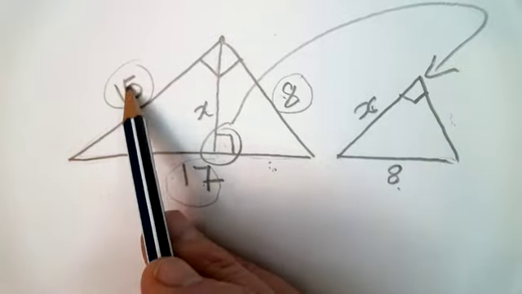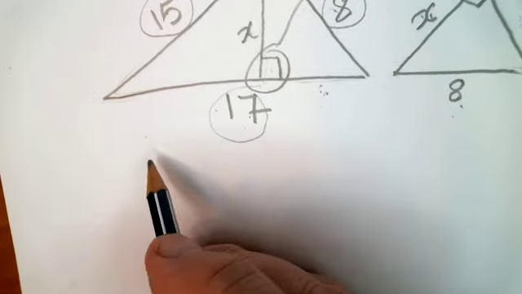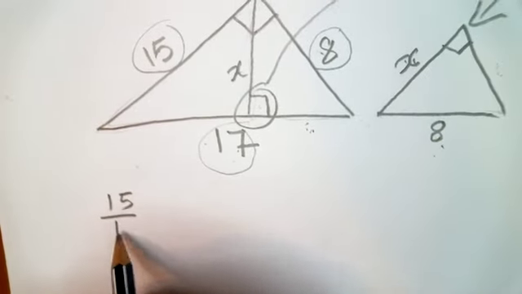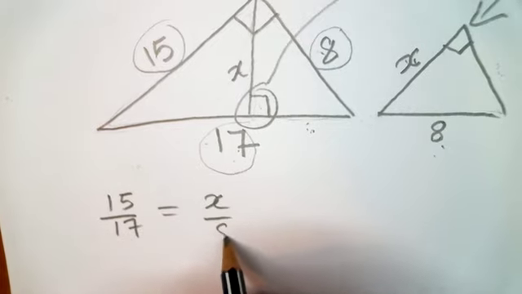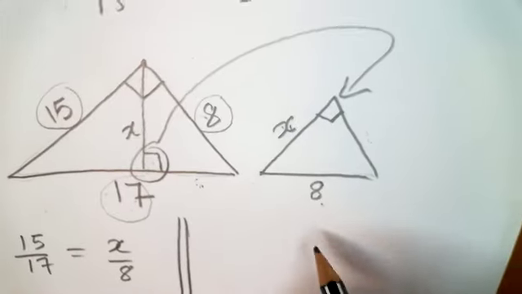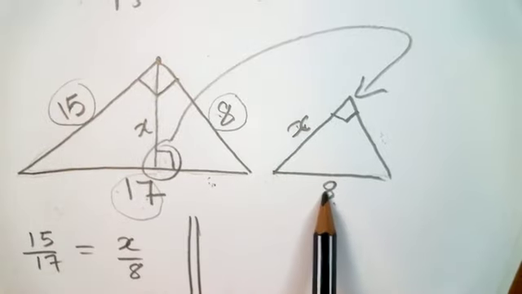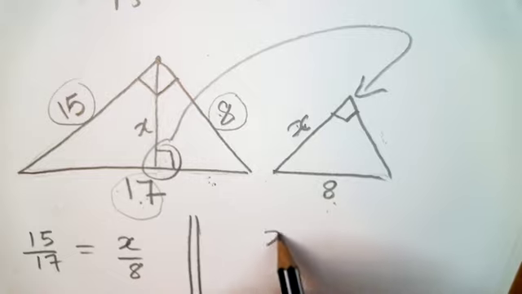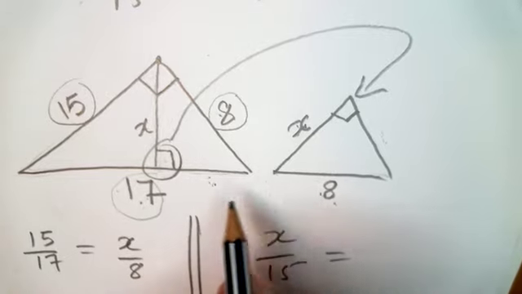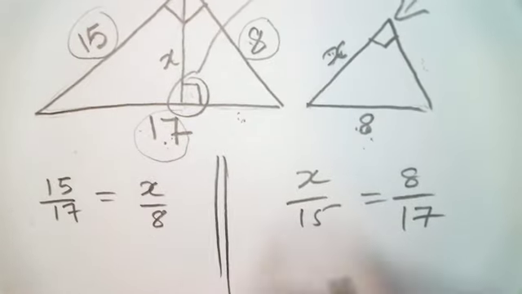So we can say 15 is to 17 as x is to 8. Or you could do it differently as well. Let's do it differently. You could say x is to 15 as 8 is to 17. It looks different, but it's exactly the same, as you will see in just moments.